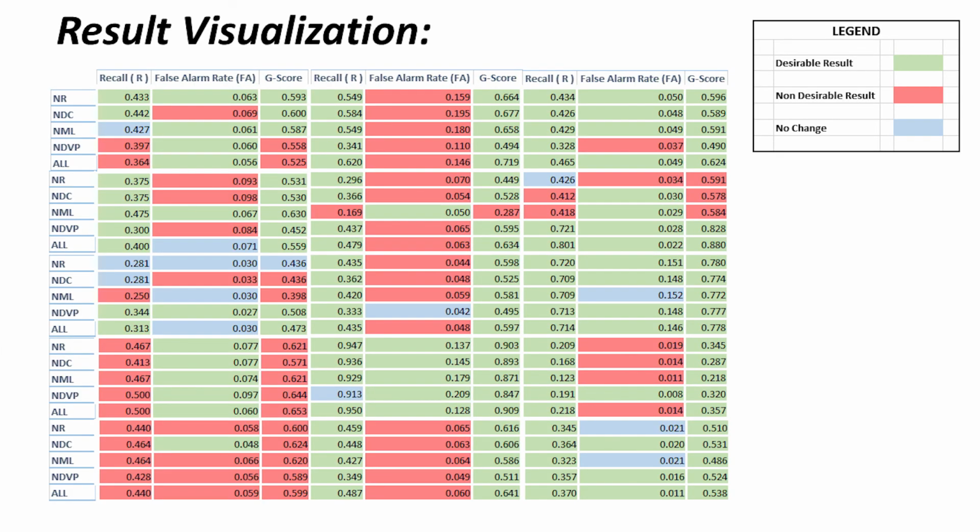So this is the results visualization. We did this to make it easier to see if there is a trend based on what the results are right away. It includes not just the G-score, but all of the things that we need to get the G-score: the recall, the false alarm rate, and the G-score, all there for all the data sets and models.